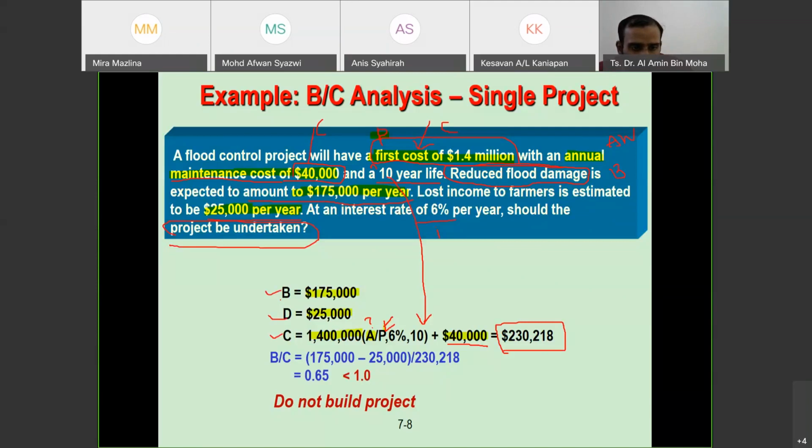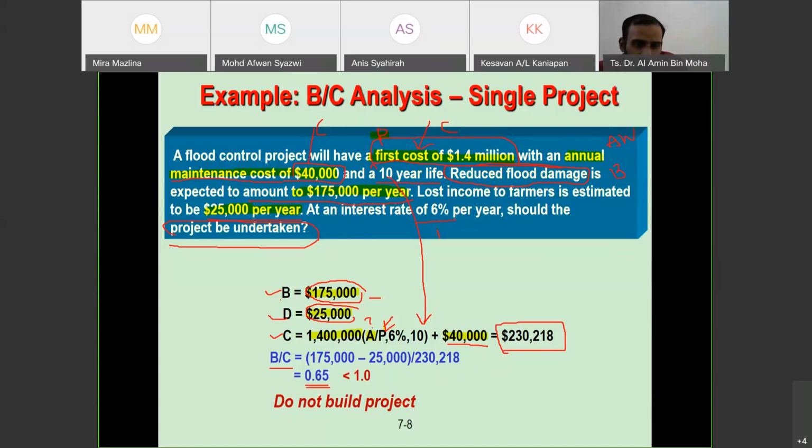So for the BC ratio, B is 175, this one. You're going to minus this benefit, this, and then divide by C, the total cost. So here you get 0.65.